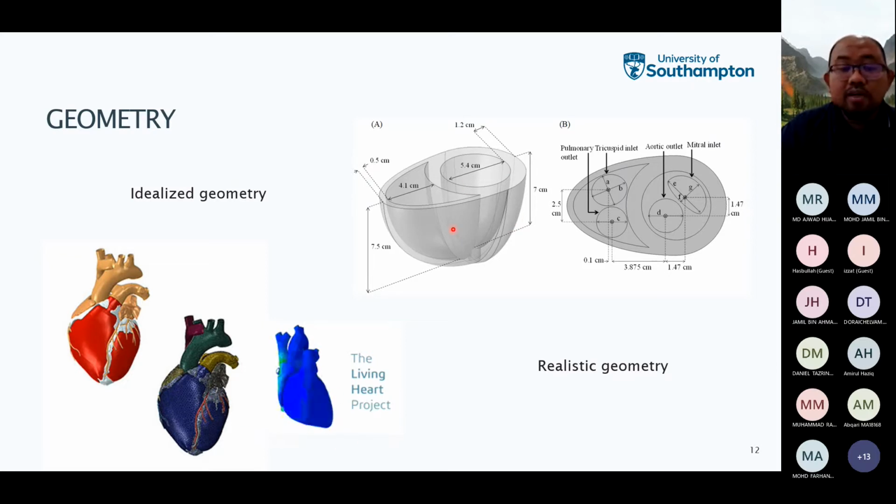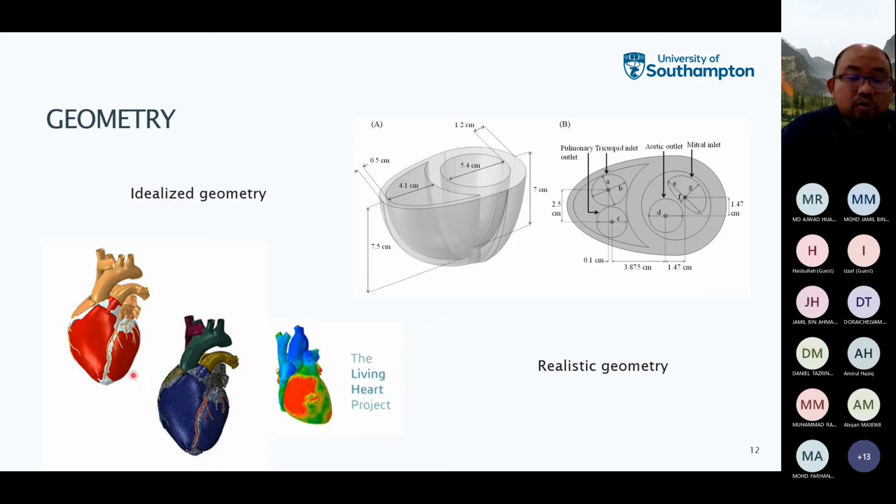So rather than having a much more complicated geometry, I just decided to use this ellipsoid. One advantage of using this ellipsoidal geometry is that it is easier to mesh. Meshing them is not a disaster, because if you have a realistic geometry, some areas might be meshed badly compared to others, and that can affect your simulation as well.